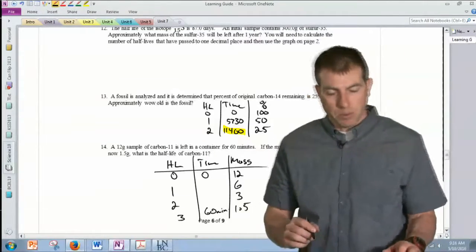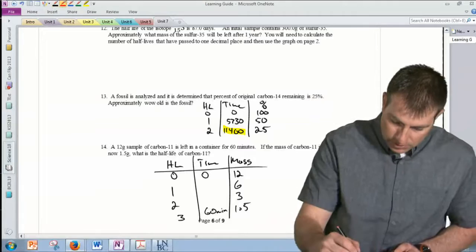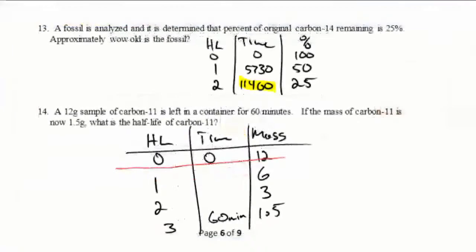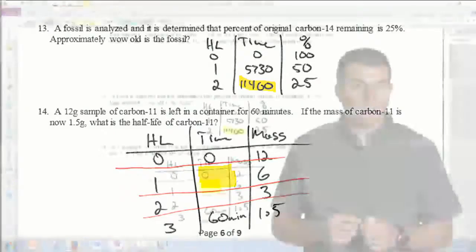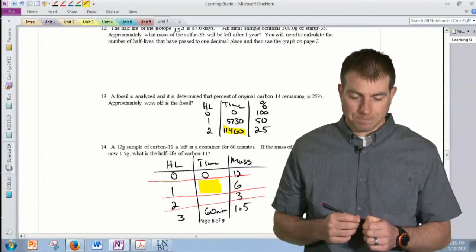So you have a couple blanks to fill in, maybe some thinking to do, and you can work your way backwards to figure out how much time it's going to take to get to 1 half-life. And if you have the time at 1 half-life, you know the half-life of that sample. So that was that.